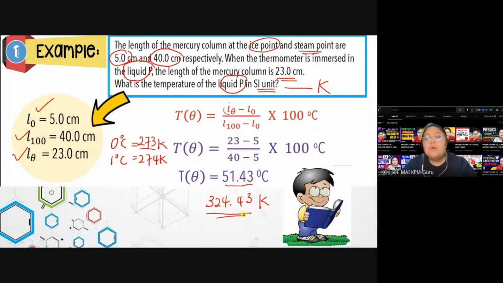Okay, so one more thing to tell you. These 2 years, for the SPM result, the calculation questions, they catch very strict. They want you to write 4 significant figures. For example, 324.43 already has 5, is it? Some students, maybe they want to change it to standard form, 3.24 times 10 to the power of 2 Kelvin.